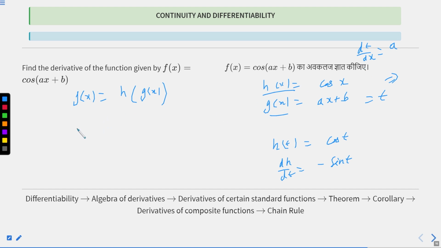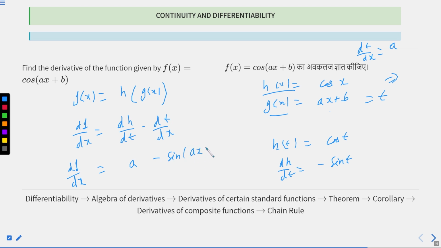And df by dx will be dh by dt multiplied with dt by dx. This will be minus sine t, and dt by dx will be a. We have to replace our t with the original form in terms of x. So df by dx will be a times minus sine t, where t is ax plus b.